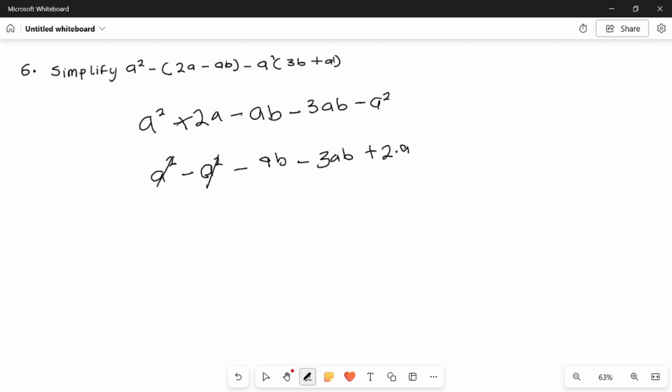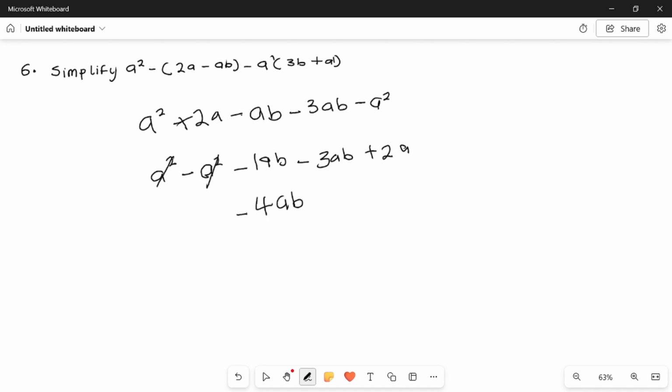Then minus ab minus 3ab. You're owing 3ab and you still have another debt of 1ab, because there's an invisible coefficient 1 here. So if you add your debts, you're owing 3 from one person and you're still owing 1 from another person. So 3 plus 1 will be 4. Since you are owing, it will be negative.